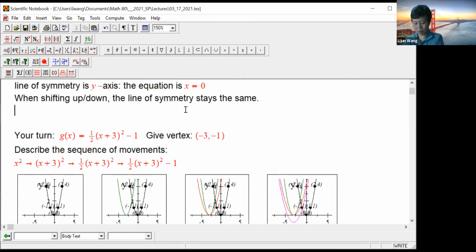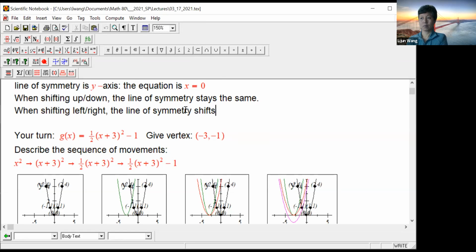So when shifting left or right, the line of symmetry shifts left or right by the same number of units.